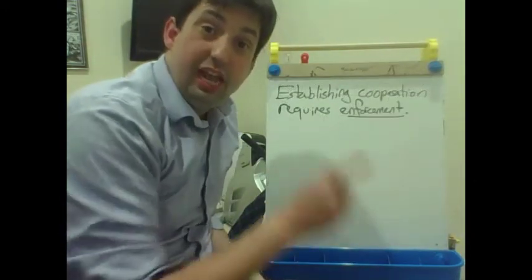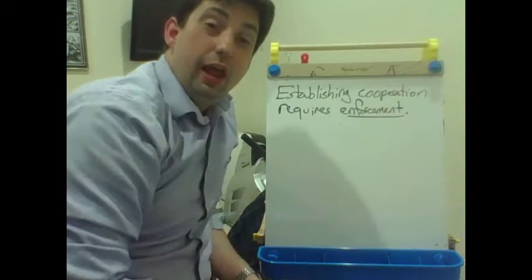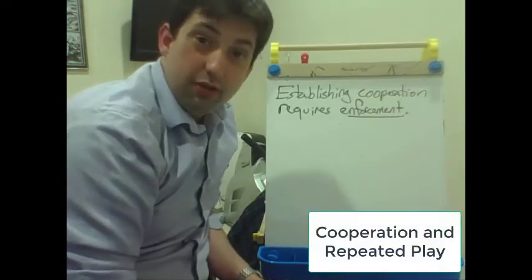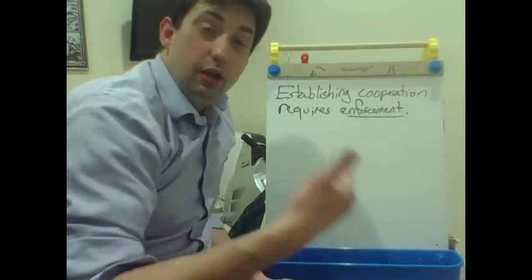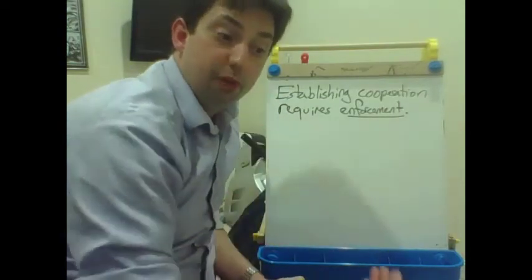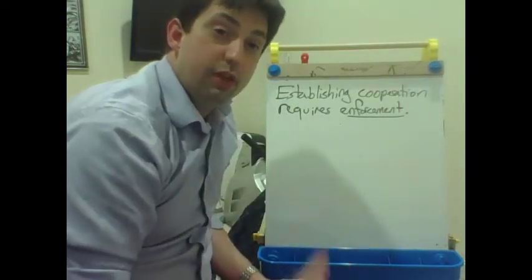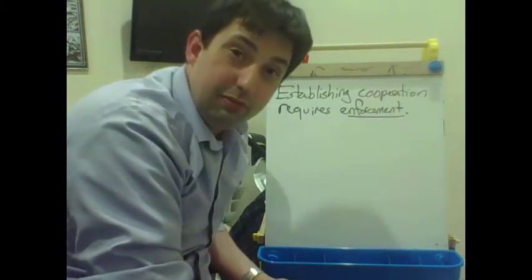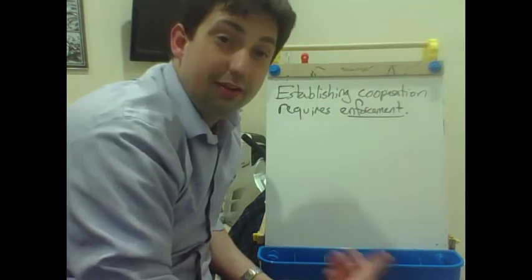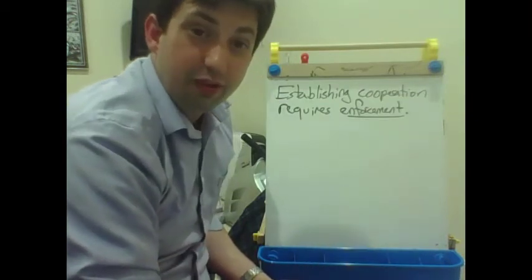One word: enforcement. Enforcement, not uniform prices. Enforcement is a sign that there is collusion. In other words, there is some sort of punishment, some sort of way that when people do defect, they have some sort of sanction put against them so that they are then incentivized to not defect in the first place.